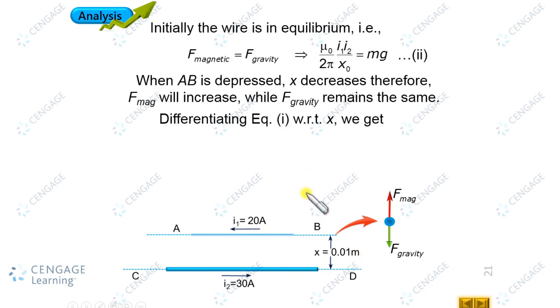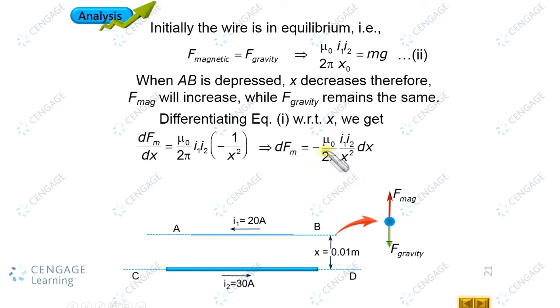This is the derivative of equation number 1. We can rearrange it and write it as minus mu naught I1 I2 divided by 2 pi x square, multiplied by dx.